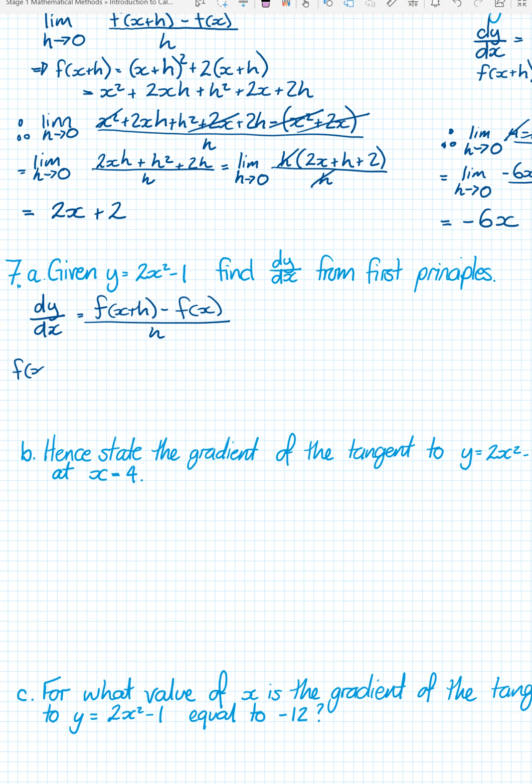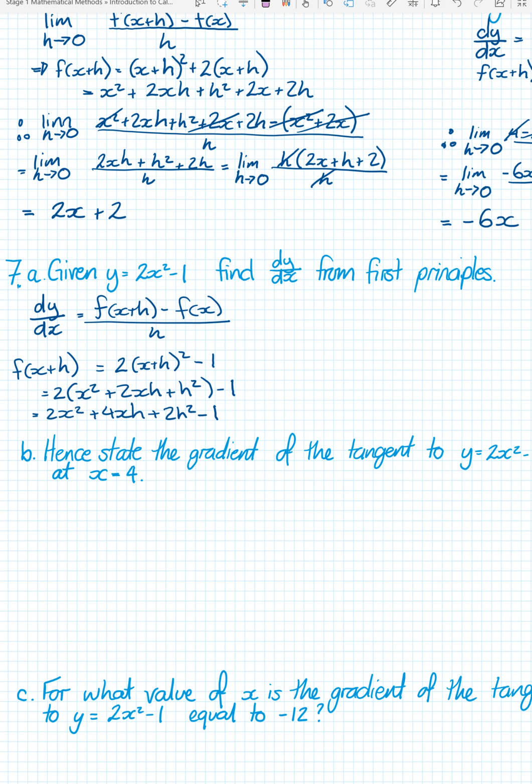The function at x plus h is equal to 2(x plus h) squared minus 1, which is 2 outside of (x squared plus 2xh plus h squared) minus 1, or 2x squared plus 4xh plus 2h squared minus 1.